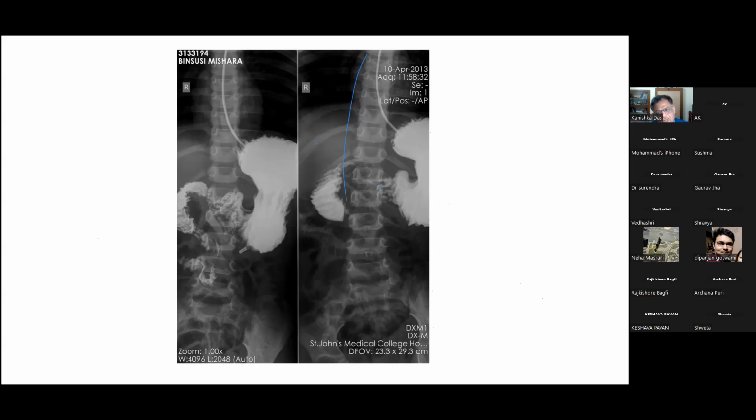Apart from that, normally, what will the scout show if it is not associated with a volvulus? It might show a dilated stomach and a little in the duodenum, but distally, sir, you won't find much air. Correct. Whatever little air you find, it might be towards one side rather than throughout. If you have an NG tube in place and the child is on aspiration, it may not show the dilated stomach also. Correct. Yes, sir.